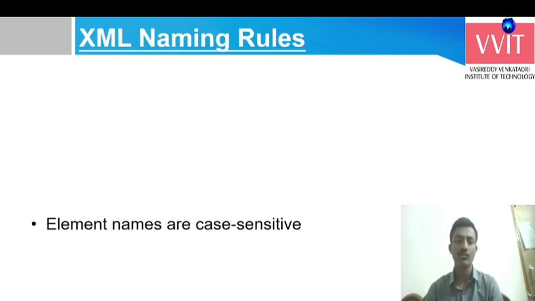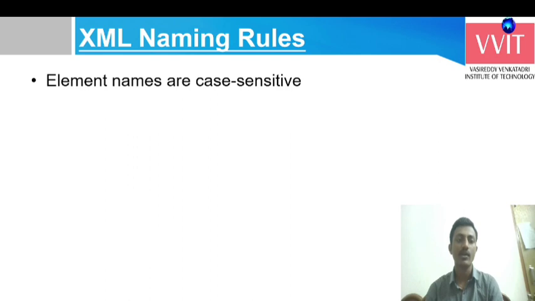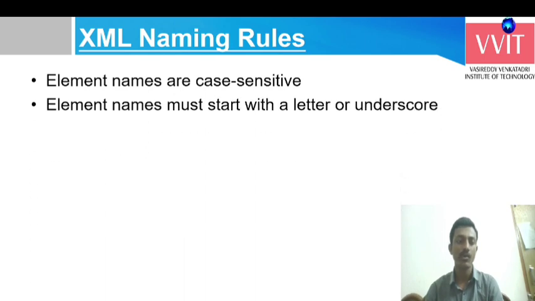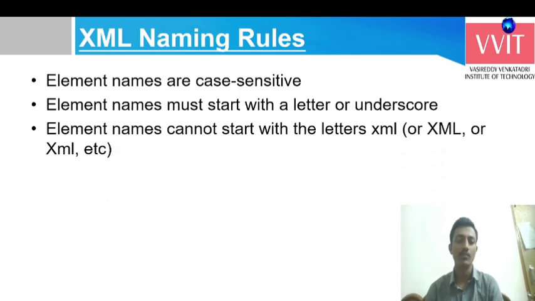XML naming rules. Element names are case sensitive. In XML, element names (tags) are case sensitive. Element names must start with a letter or underscore. Element names cannot start with the letters XML.